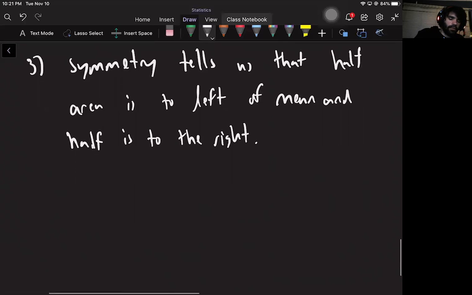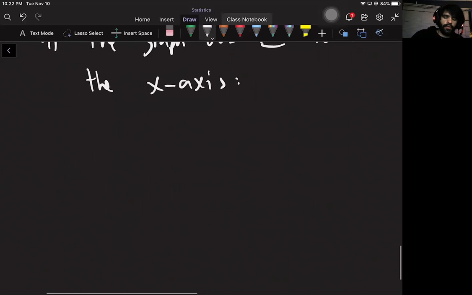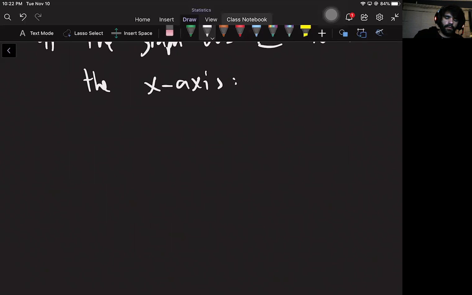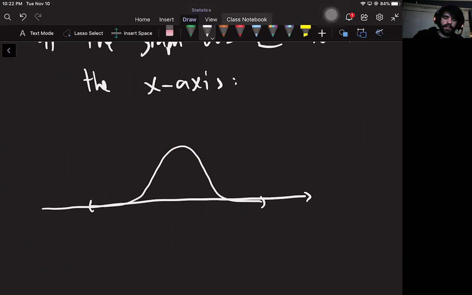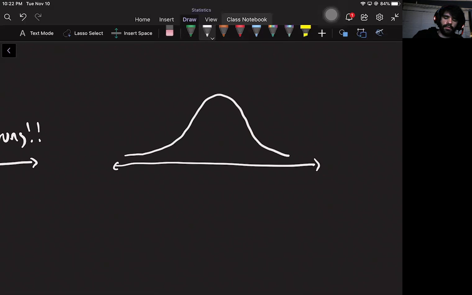So then some smaller nitpicky things. The graph does not touch the x-axis. So if you draw your graph like this, and you make it touch the x-axis, then that's wrong. Instead what's happening is it infinitely gets closer and closer to the x-axis forever as you go to the left and to the right.